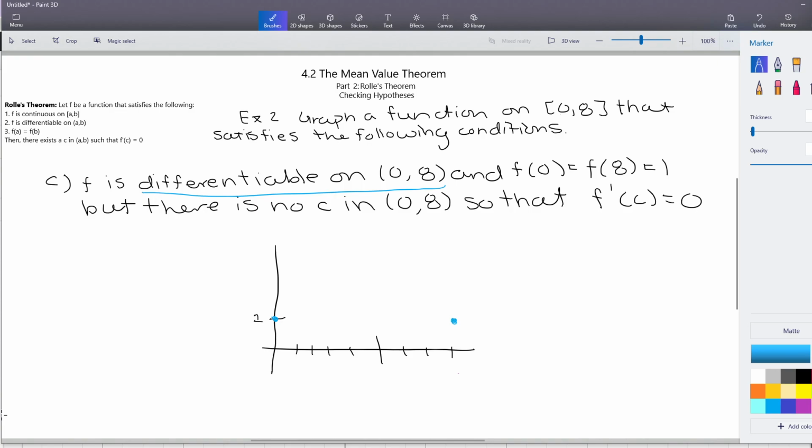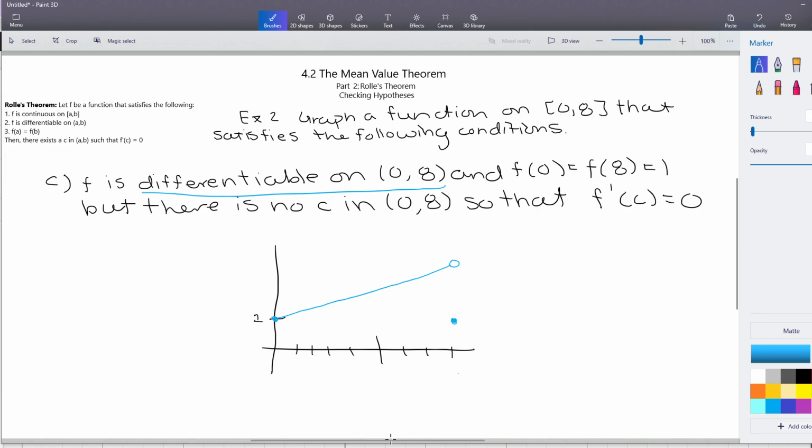So we want the endpoints to be equal at 1, at 0 and at 8. And then I want the function to be differentiable, which also means continuous, on the open interval. Now I am going to draw basically the same function that I drew for the first one. I can see that there is no place here where there's a horizontal tangent line, and I'm going to draw a big empty circle at x equals 8.